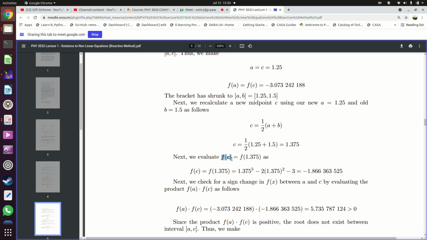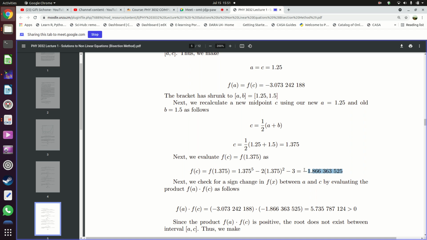So f of C, which is the value of the function at the midpoint, f of 1.375, is going to be 1.375 to the power 5 minus 2 times 1.375 to the power 2 minus 3. This is going to give you minus 1.866363525.